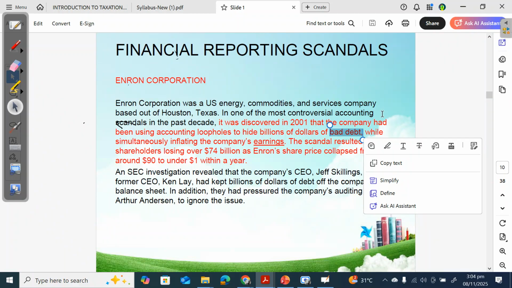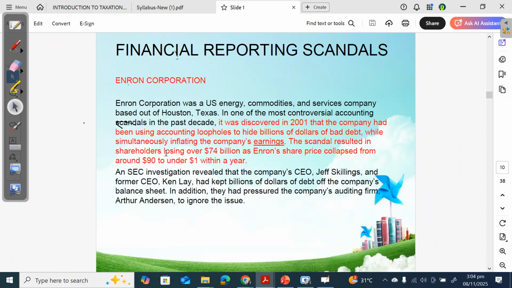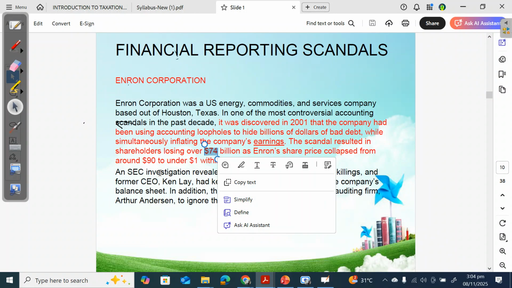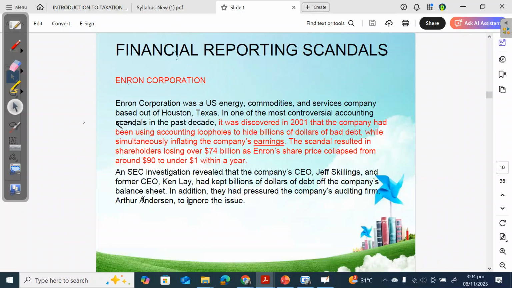And they were caught. The scandal led to the loss of billions of dollars. Shareholders lost over $74 billion because of the scandal.